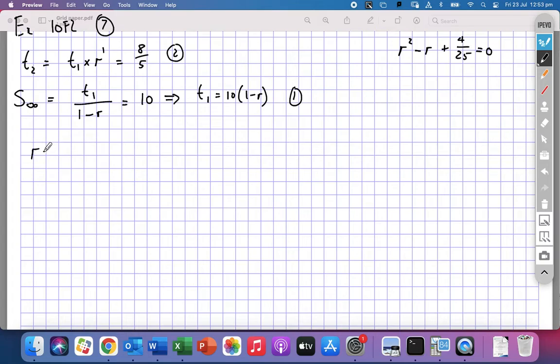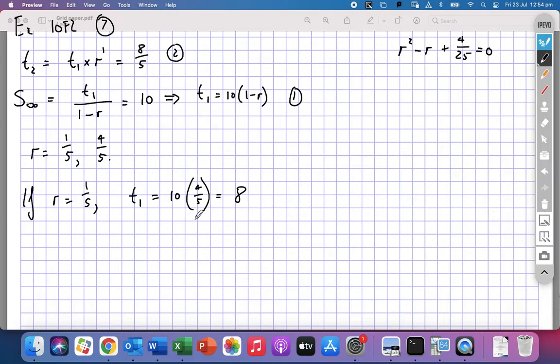R equals 1/5, or it could have equaled 4/5. So there's two solutions. That's what the question was saying. It also wants you to find term 1. So if R equals 1/5, T1 would be 10 brackets 1 minus 1/5, which is 4/5, which equals 8.